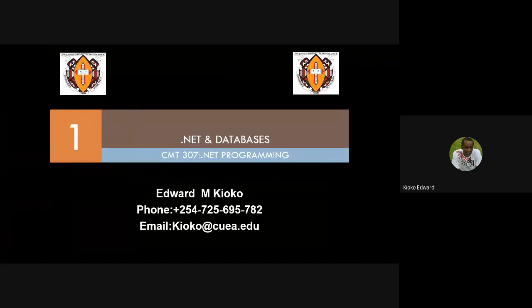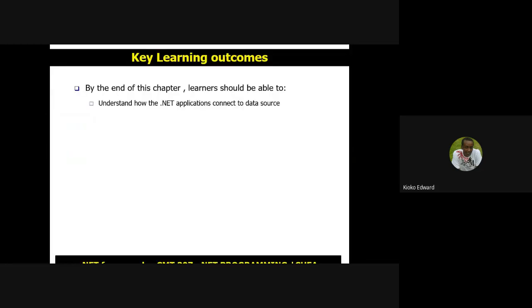I have said it's not chapter 1, it's supposed to be our last chapter, I think chapter number 7, that is .NET and database systems. Our key learning outcome is to understand how a .NET application, which could be a mobile application, a Windows application, a form-based application, or a console-based application, can connect to a data source.